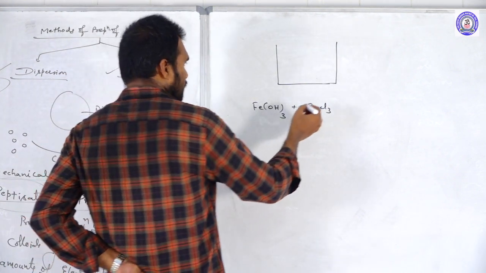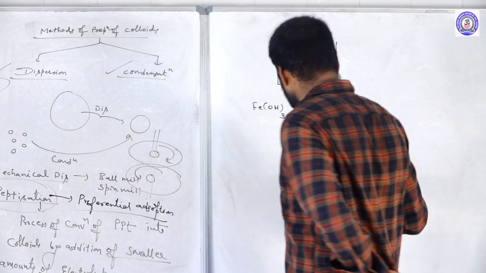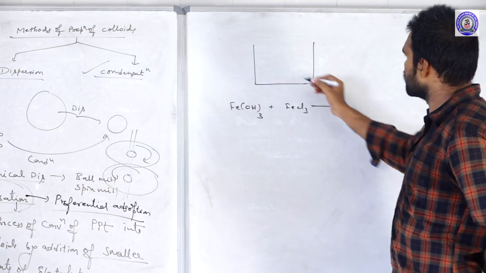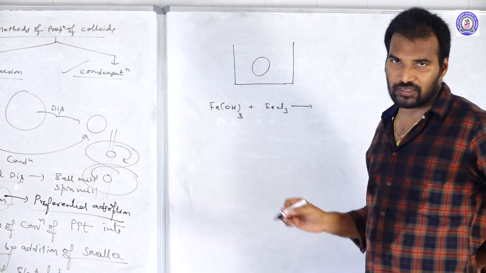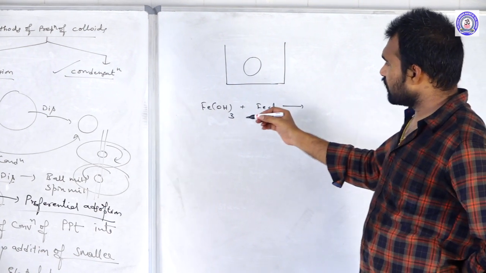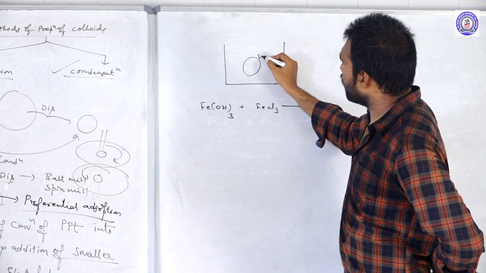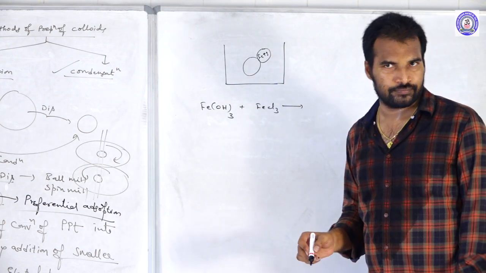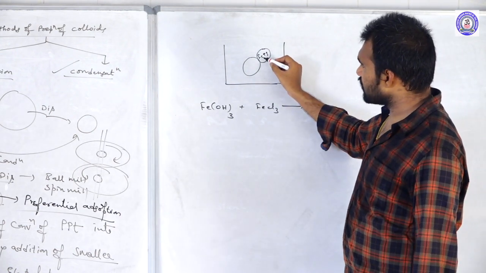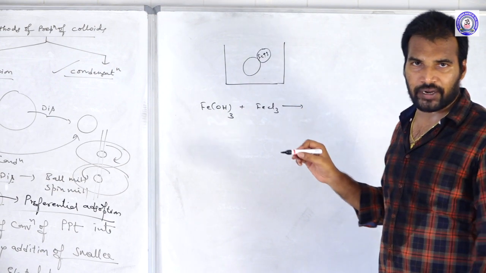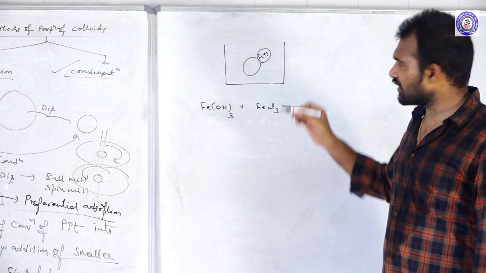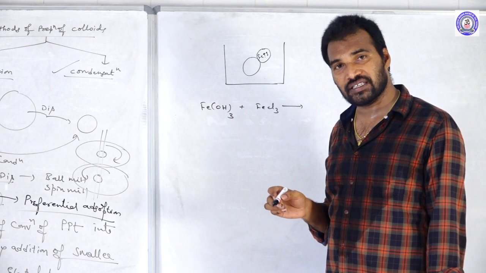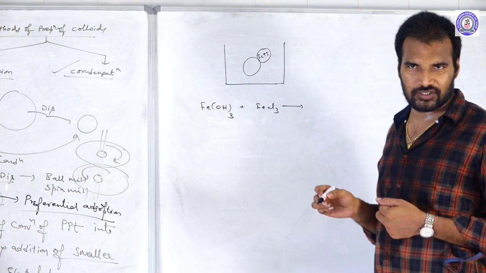Suppose this is a ferric hydroxide molecule. On the surface of the ferric hydroxide molecule, the Fe+3 ions are preferentially adsorbed. Because of the preferential adsorption of the positive common ion on its surface, what is the charge over this particle? Positive charge.